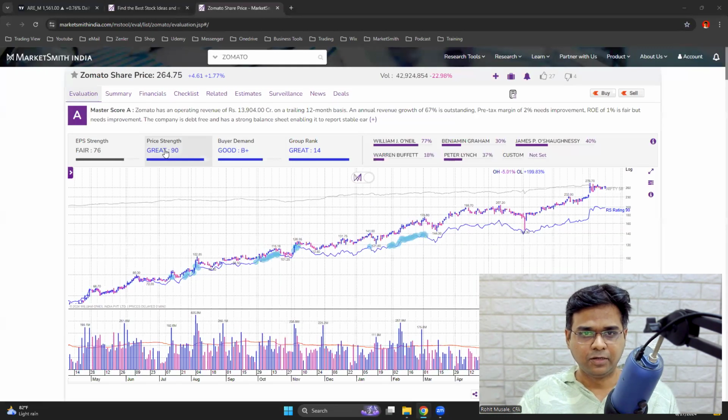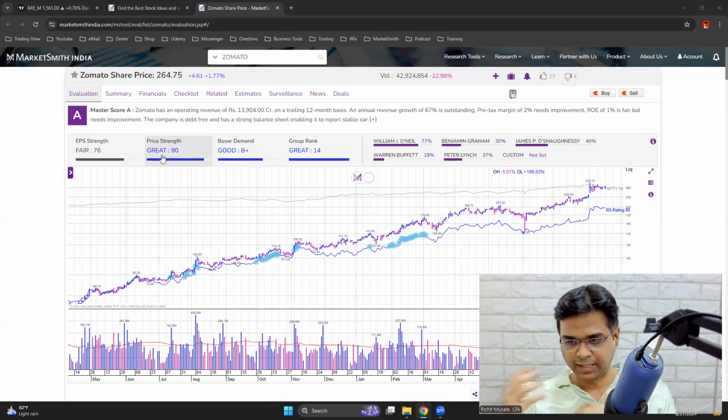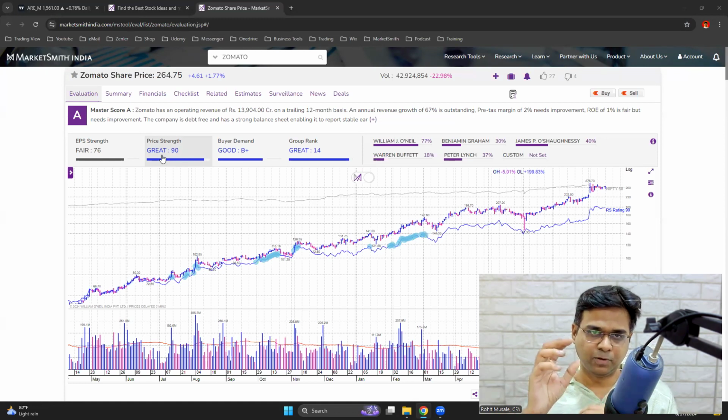So see, here it is written price strength 90. What does that mean? What does price strength 90 mean? 90 means this company, Zomato, has done better than 90% of all the stocks in the Indian stock market in terms of 52-week performance. Or in other words, the 52-week performance of Zomato is better than 90% of all the stocks in the Indian stock market, irrespective of the industry.